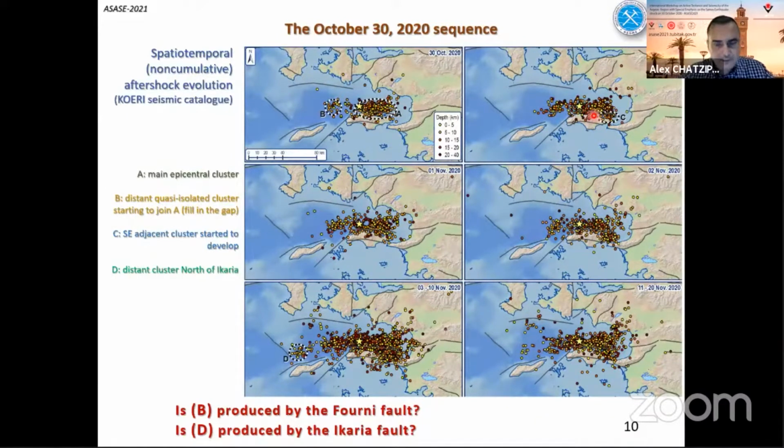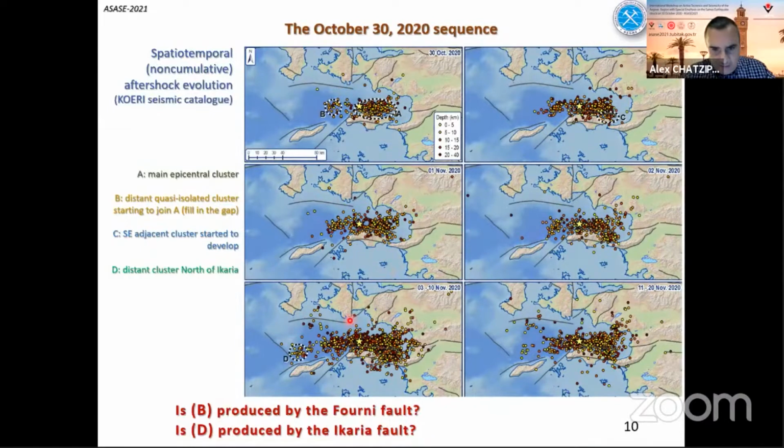They are not relocated epicenters, and I will compare these maps to the relocated epicenters in the next slide. Moving on in time, we see that the activity is continuous in these clusters.